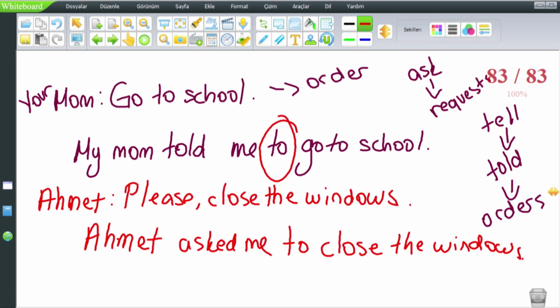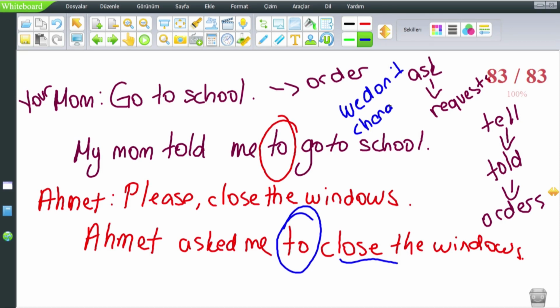It is a bit different from reporting, delivering negative and positive sentences. And if you have noticed, we don't change tenses when we are talking about requests and orders.